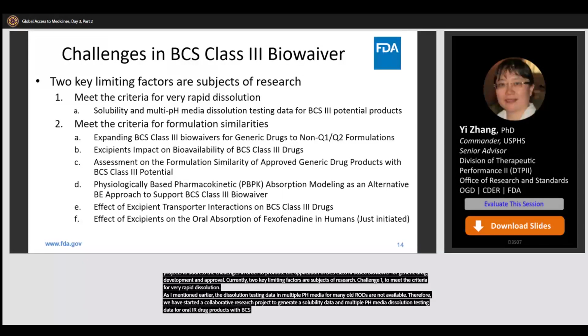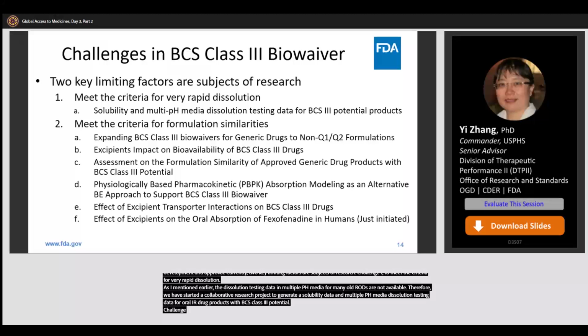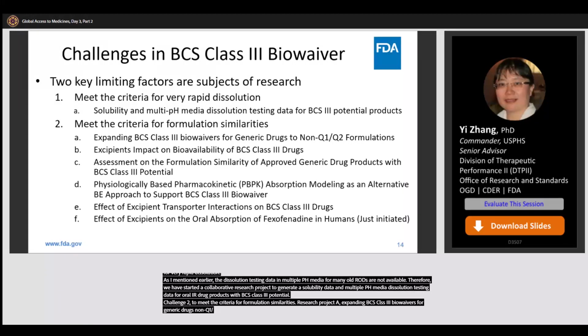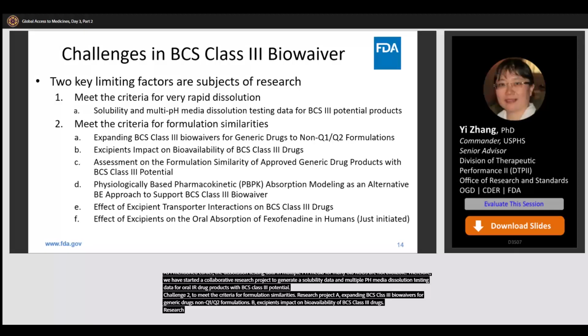Challenge 2: to meet the criteria for formulation similarities. Research Project A: expanding BCS Class 3 biowaivers for generic drugs to non-Q1, Q2 formulations. Research Project B: excipients impact on bioavailability of BCS Class 3 drugs. Research Project C: assessment on the formulation similarity of approved generic drug products with BCS Class 3 potential.